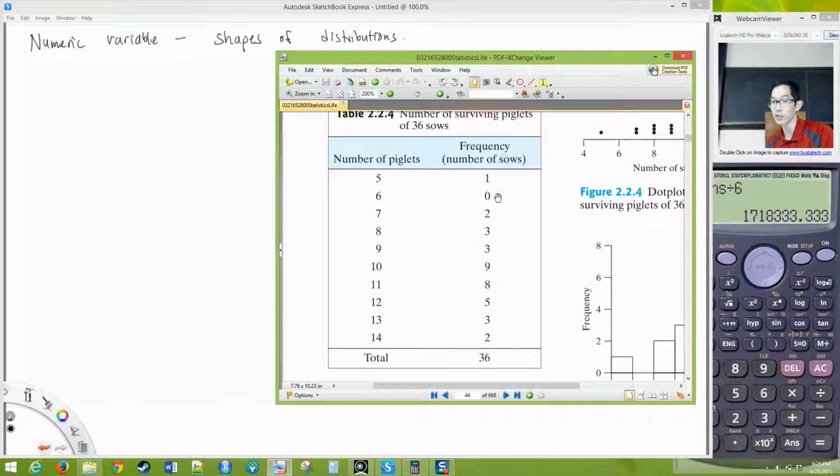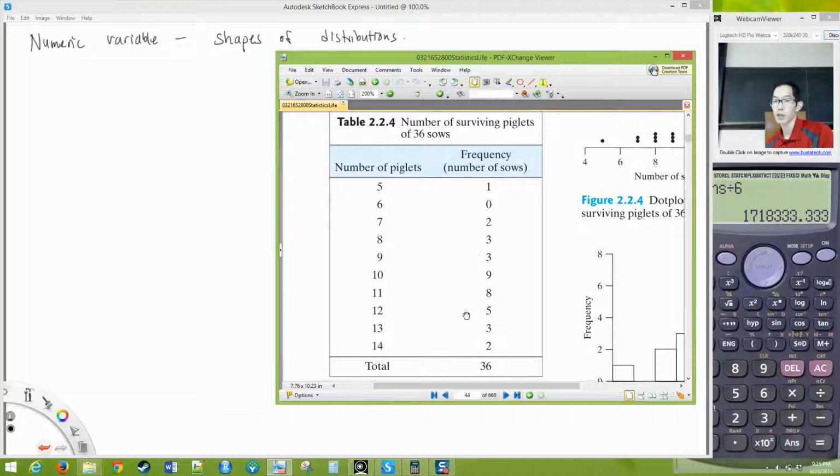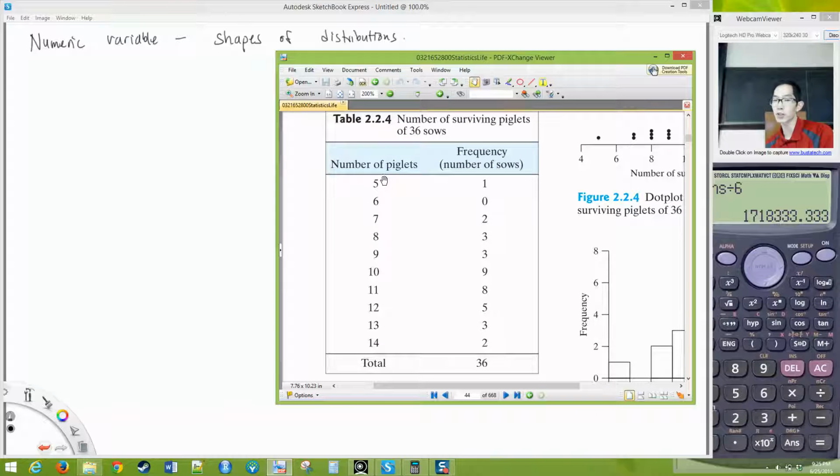There were no sows where 6 piglets survived. There were 2 sows that had 7 piglets surviving. Okay, does this make sense? Why would they put the 0 in there, though? For completeness, I guess, because you go 5, 6, 7, 8, 9, 10, 11, 12, 13. I don't know. We're counting. So I guess it would be a stylistic choice.